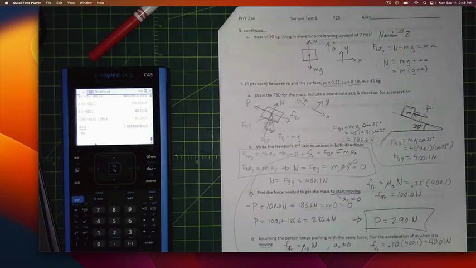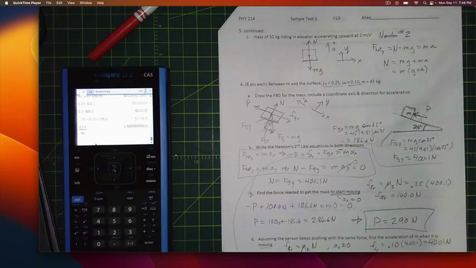Oh, what did I do? Oh, let's go ahead and keep a few more sig digs when we're doing this. 286.6 negative.